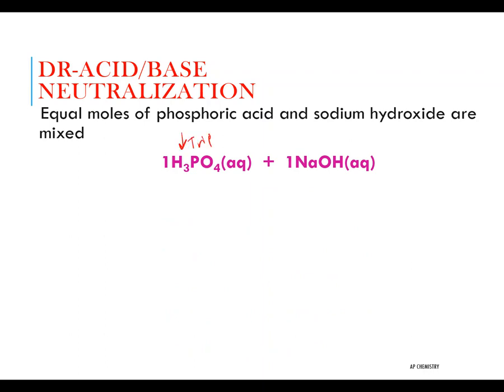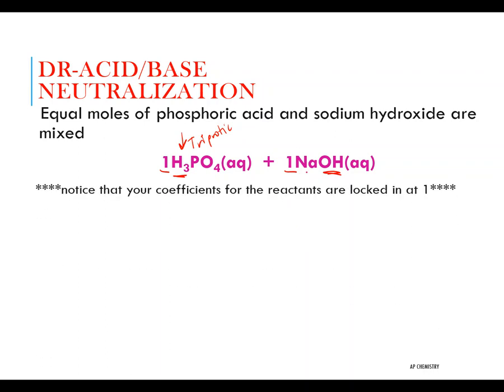We consider this to be triprotic because it has 3 hydrogens in it. So you would need triple the amount of the hydroxide in order to pull off all of those H's and create water from them. So in this particular case, when we're looking at 1 mole of the phosphoric acid with 1 mole of the sodium hydroxide, you're only going to be able to pull off 1 H from the phosphoric acid.